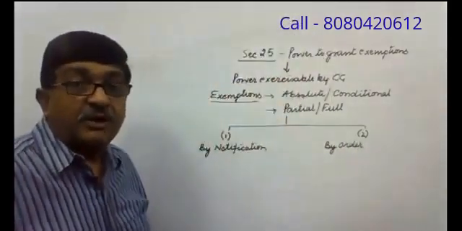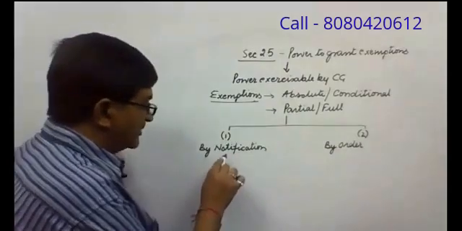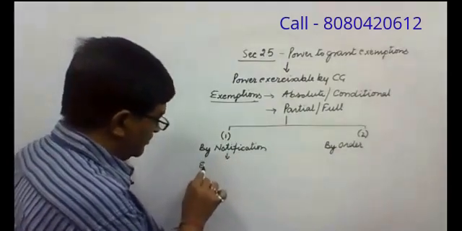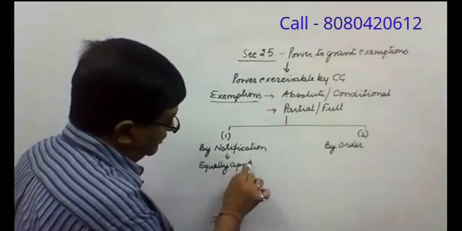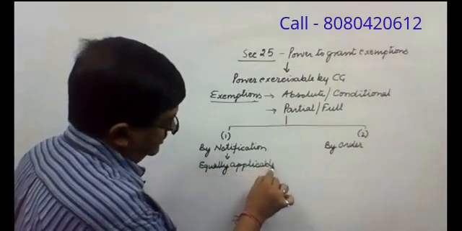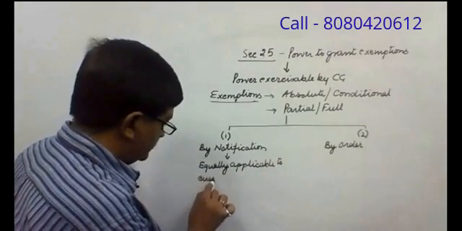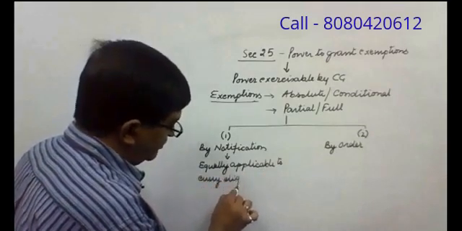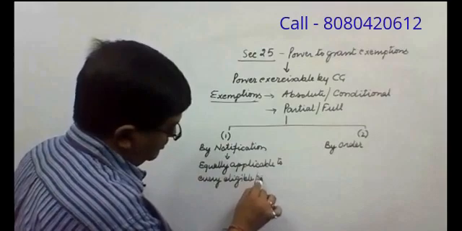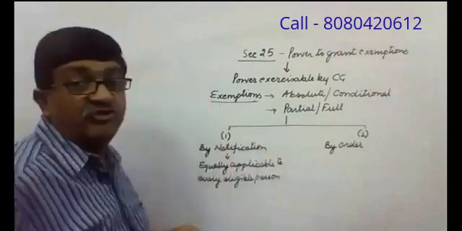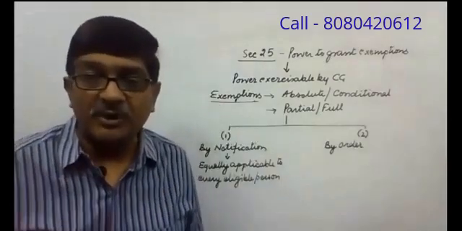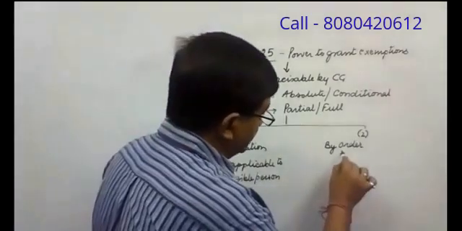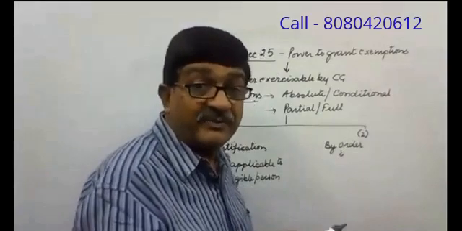By an order. Now, whatever is issued by way of notification is equally applicable to every eligible person. Eligible means, if it is conditional, then there is eligibility; otherwise it is applicable to all. Right? In the case of an order, it is given for a specific purpose or a specific person.